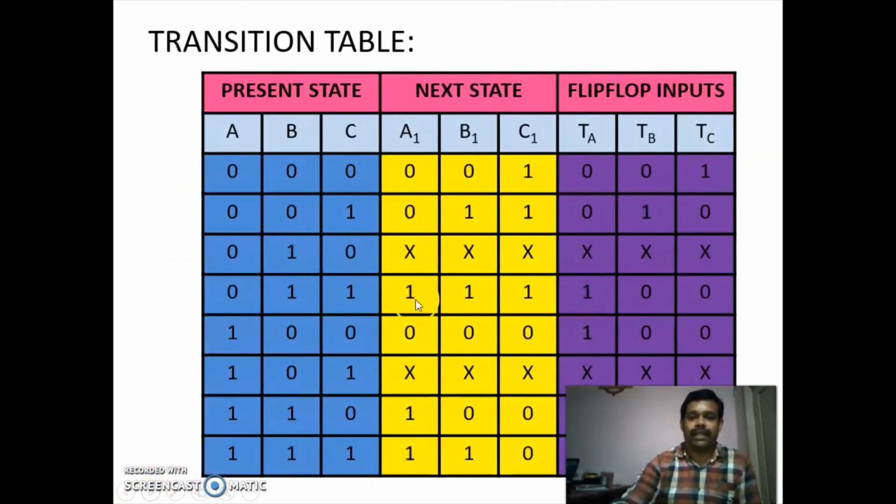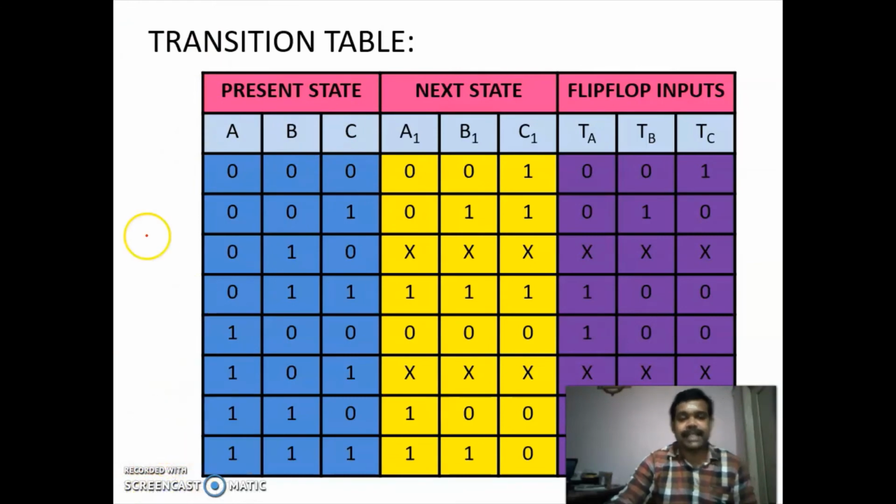Next we are going for the transition table. Here you are having 3 flip-flops. And here the highest number is 6, so we need minimum 3 variables to represent 6. So we are writing each number with 3 bits.